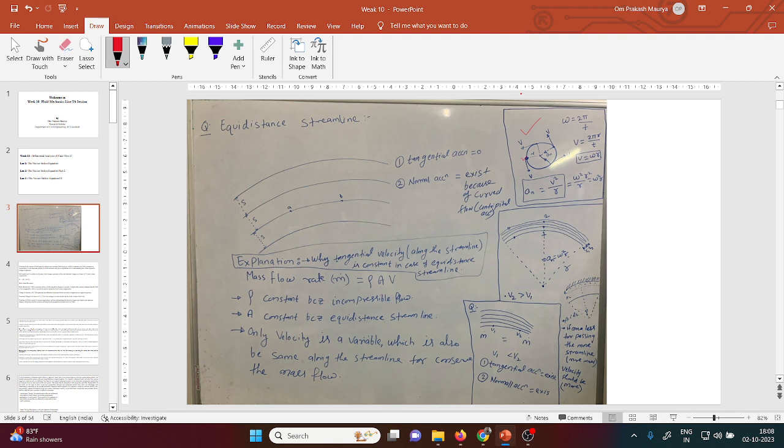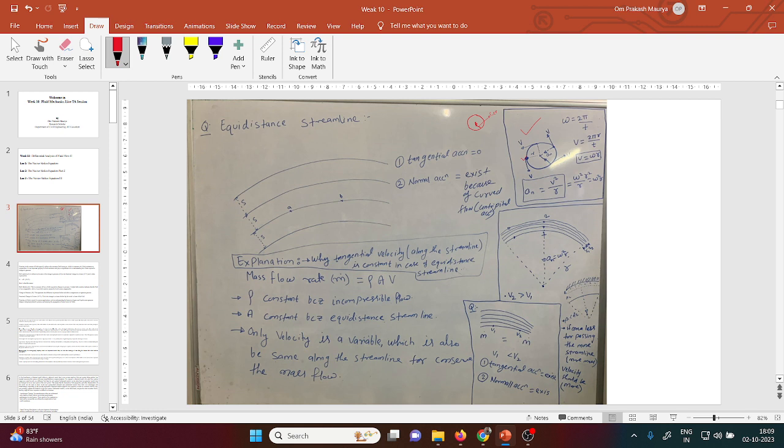Once the rotation starts and the particle moves in a curved path, one acceleration acts towards the center, and the corresponding force is known as the centripetal force.